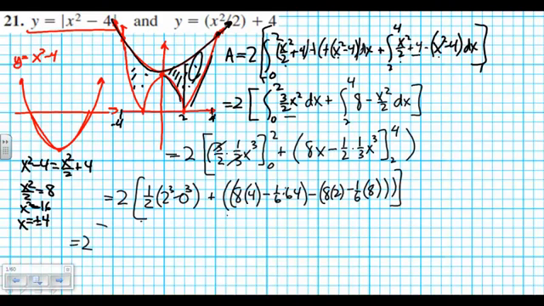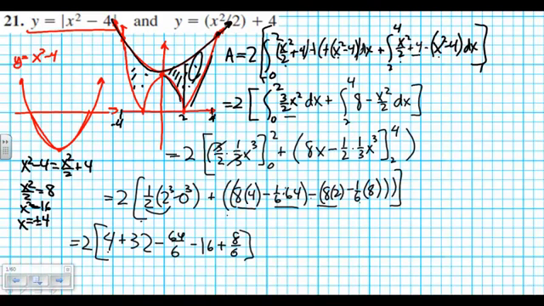Here we go. 2 times, doing this here, we've got 1/2 of 8, which is 4, plus here we've got 32. Here we've got negative 64 over 6. Here we've got a negative 16, and the negative and the negative there make a positive 8 sixths to finish it off.